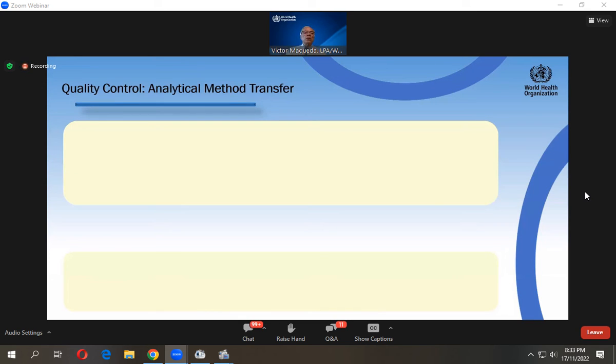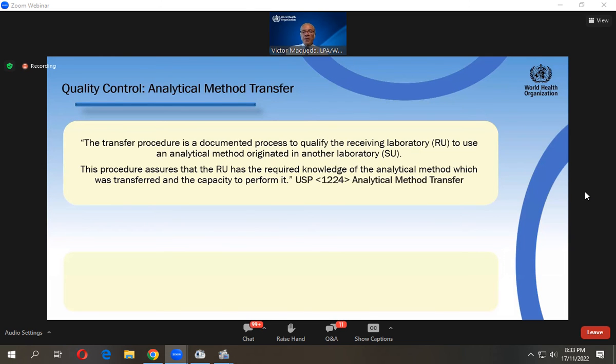Okay, now we'll touch a little bit about analytical method transfer. Of course, we have this aspect, which is also mentioned in the WHO TRS on tech transfer. It has to go hand in hand with the manufacturing tech transfer.